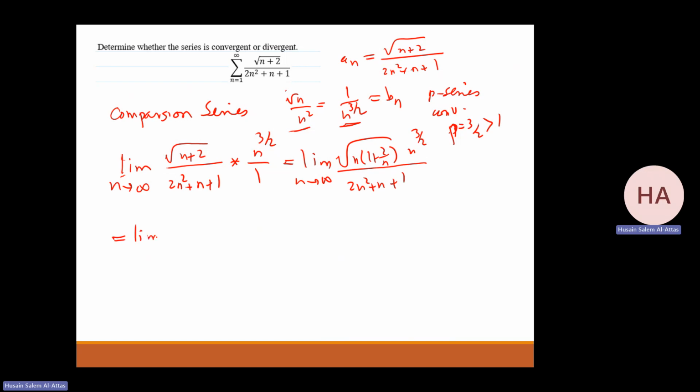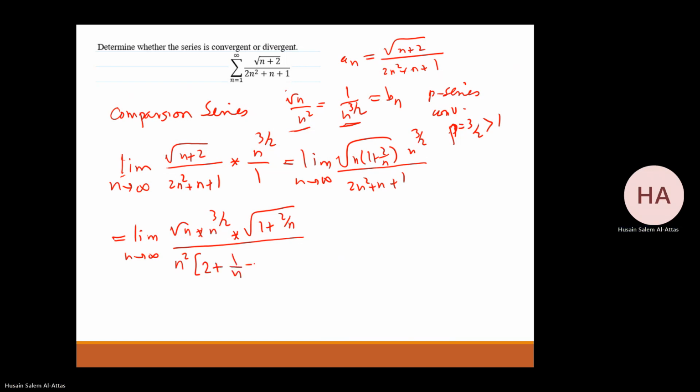That gives me what? Limit as n goes to infinity of square root of n times n to the power 3/2 times the square root of 1 plus 2 over n, over, I can take n squared also as a common factor here. We have 2 plus 1 over n plus 1 over n squared. Do I need a half? No, no need for the half, because I took n squared as a common factor.